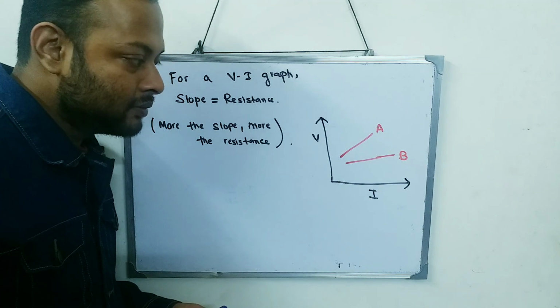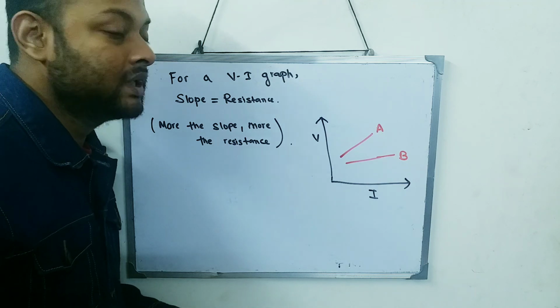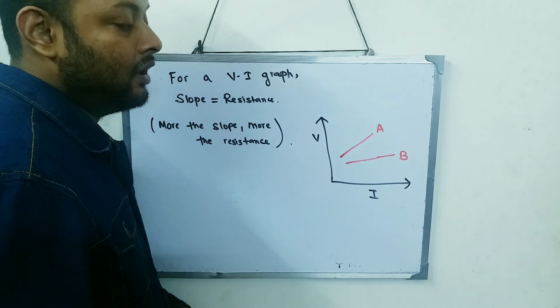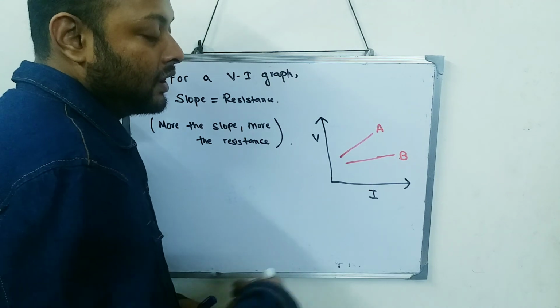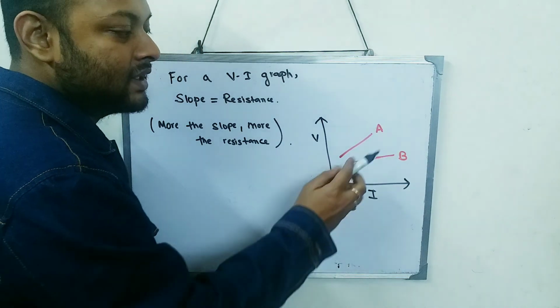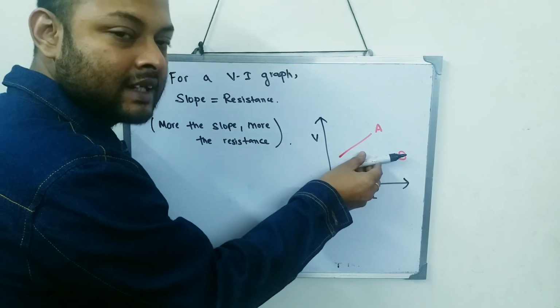Now somebody asks me which conductor has more resistance. From this graph, I can easily see that the slope of A is more than the slope of B. You can see slope A is more inclined and slope B is less inclined.